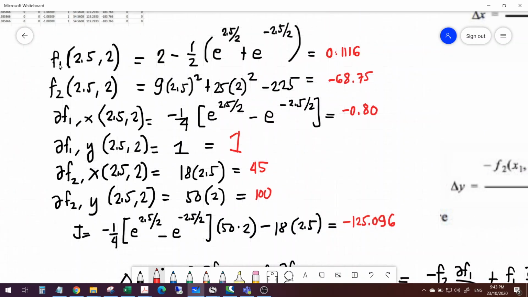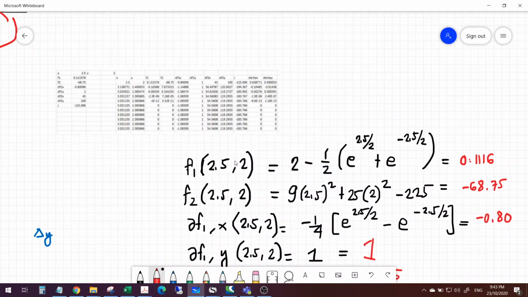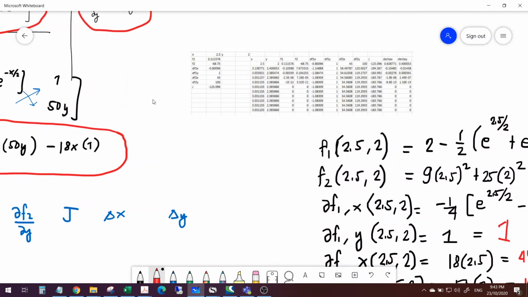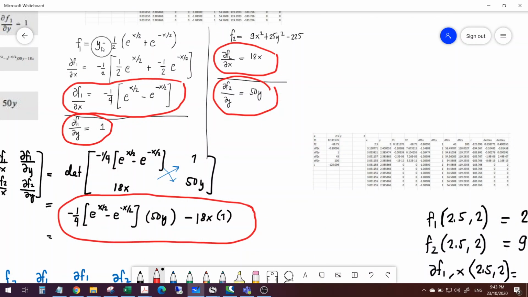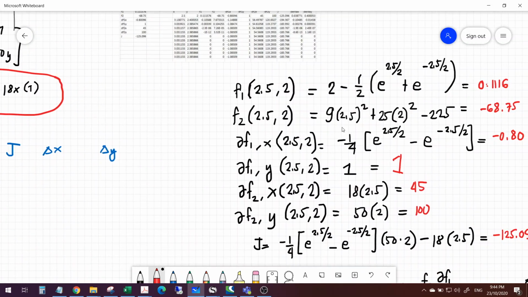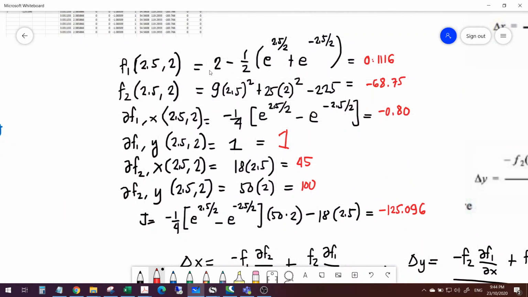Okay, for example, the f1 equation is, remember, this. So substitute your x and y here. Same with f2, substitute the initial x and y, and the same goes for these other formulas, and you will get this. For f1, 0.116, for f2 you got negative 68.75.